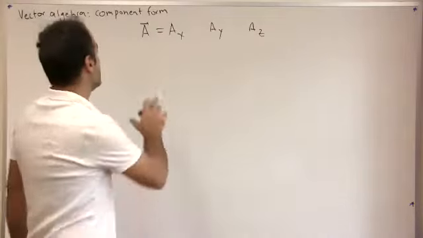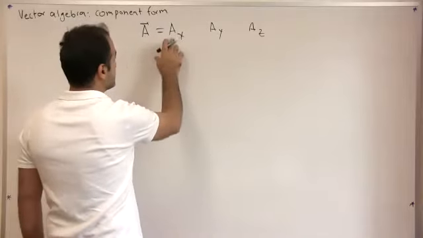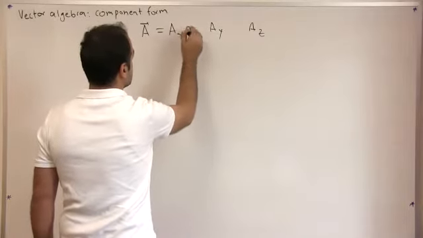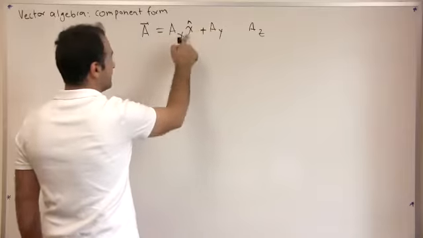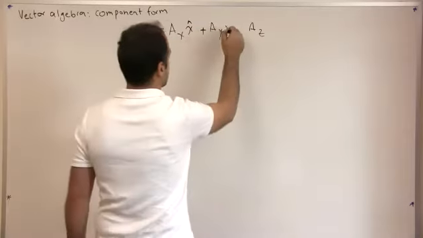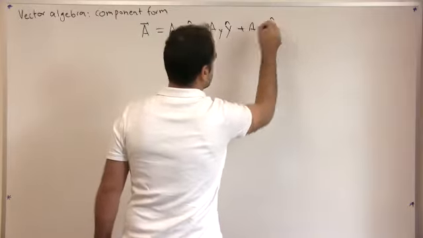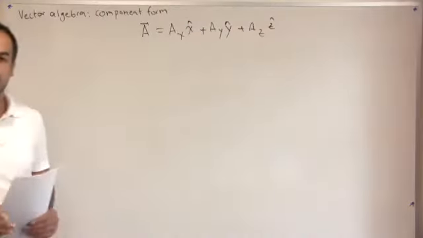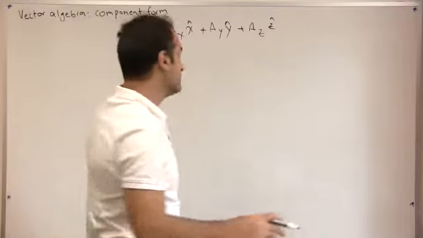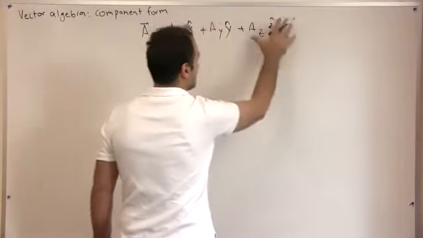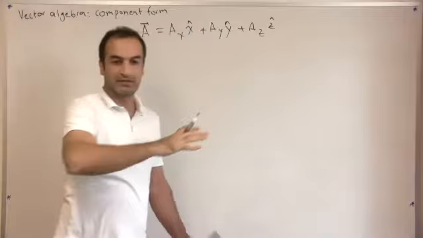So A can be written as Ax times x-hat, a unit vector in the x direction, plus Ay times y-hat, a unit vector in the y direction, plus Az times z-hat, a unit vector in the z direction. This is the general form that every single vector, in whatever dimension, can be written in.